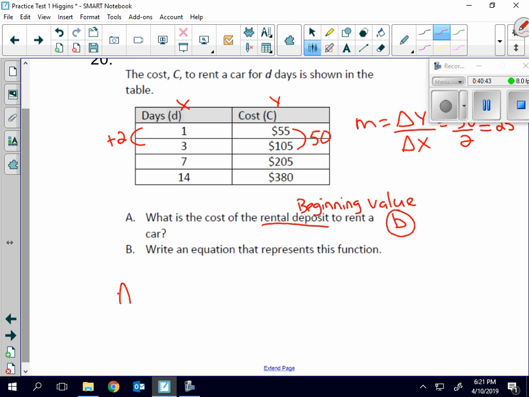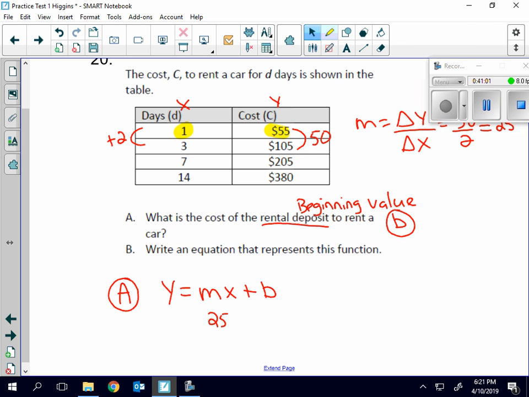I'm still answering part A. This is where you plug in some values. You just found m, which was 25, and we have some x's and y's. I'm going to use the first x and the first y to plug in. So y is 55, m times x, x is 1, plus b.